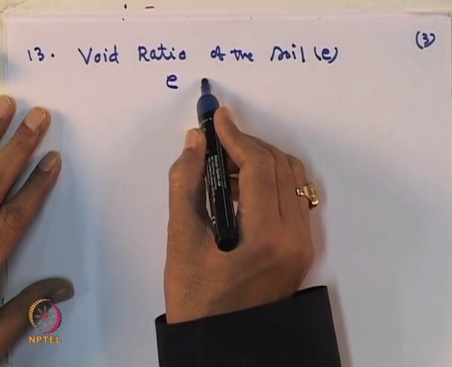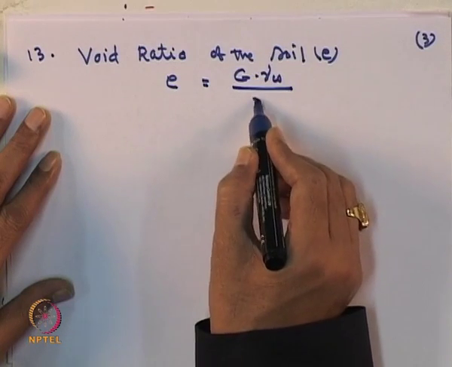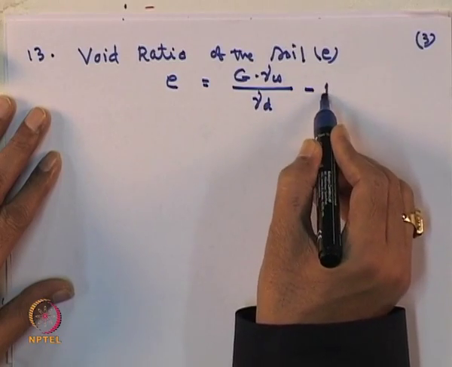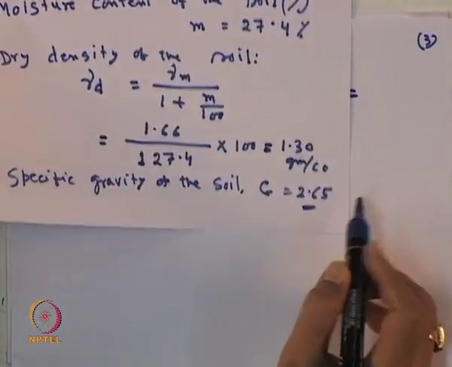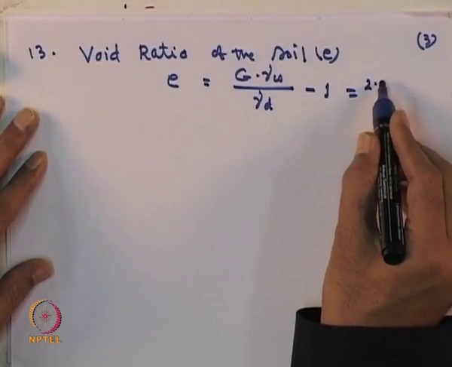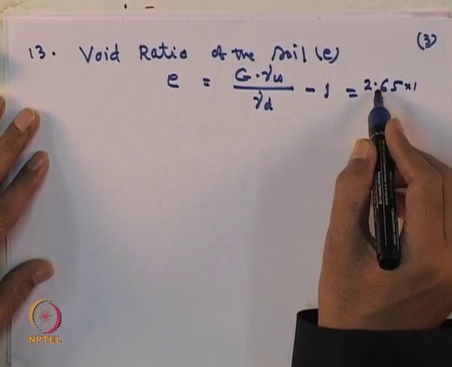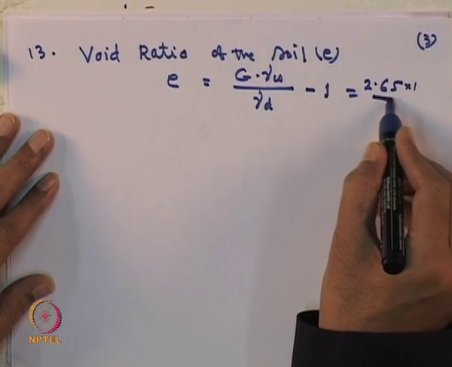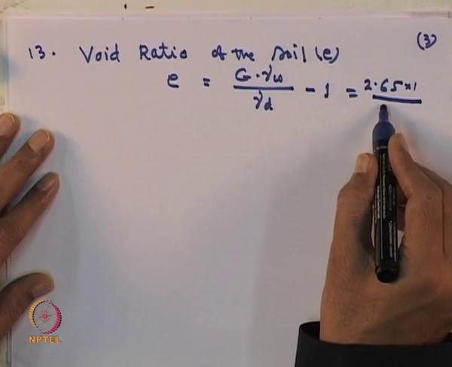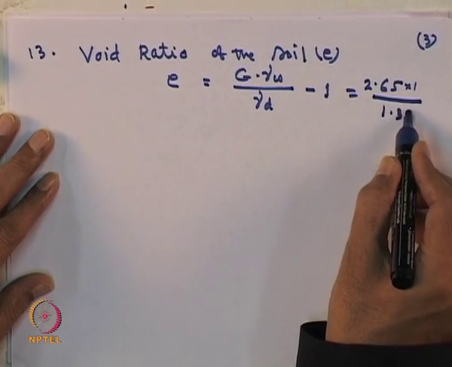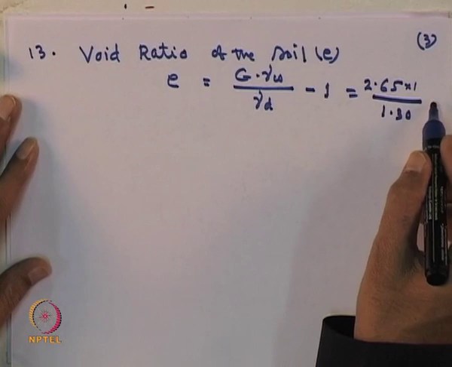So, e is equal to G gamma w divided by gamma d, minus 1. G is, as I mentioned, 2.65, times 1, divided by gamma d, which we have already calculated, 1.30, minus 1.